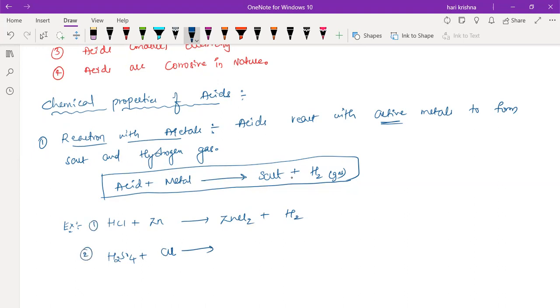What is the product? Sir, if sulfuric acid is concentrated, then it is possible. Okay, instead of sulfuric acid, if we take HCl, is it possible? Yes, sir. Okay, tell me what is the reaction? Sir, 2HCl plus Cu gives rise to CuCl2 plus H2.